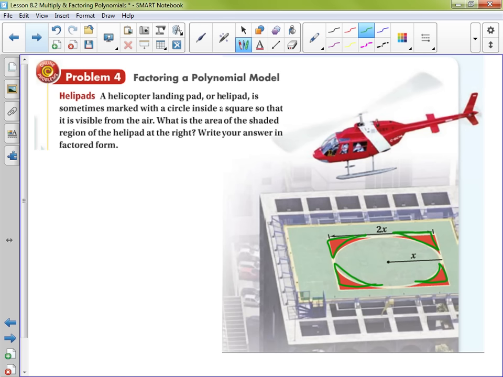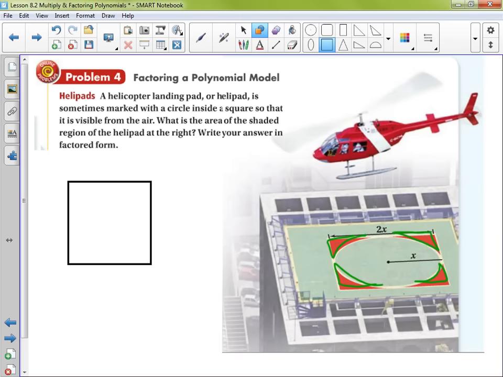And what you know is you have a square. So you can draw a picture on your paper. I'm going to draw that a little bit better. Draw a square. And the dimensions of the square are 2x. Since it's a square, if one side's 2x, the other side's 2x.